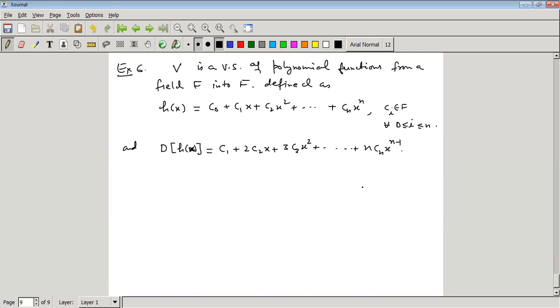This is the operator d, defined as d of h(x) equal to this.